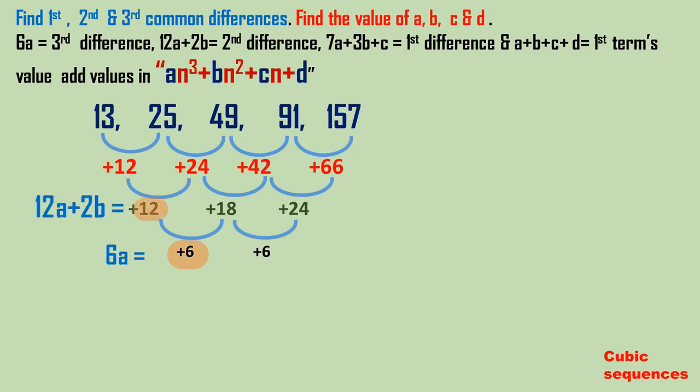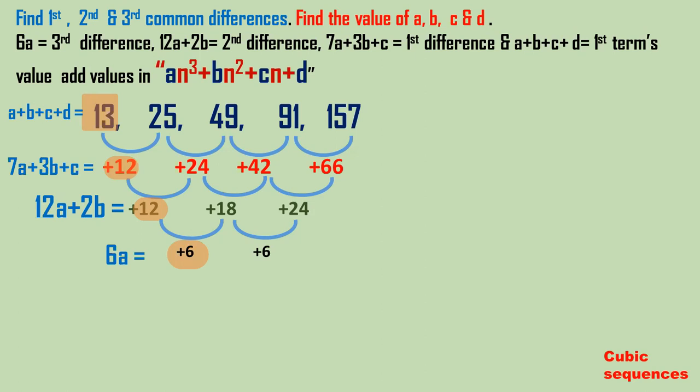What about here, we have 12a plus 2b is equal to my second difference. What about 7a plus 3b plus c is equal to my first difference. And in the same way, a plus b plus c plus d is equal to my first term value.